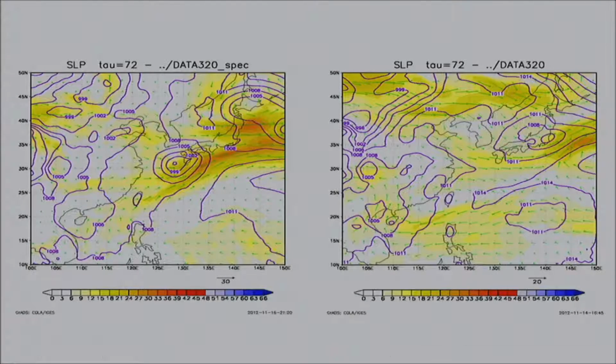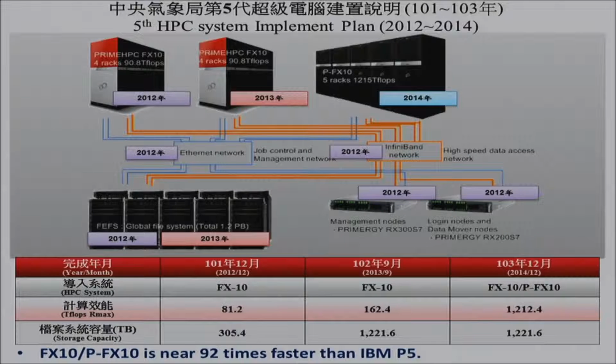So finally, I am going to show you the HPC we are using in CWB now. We have a three-year installation of this high performance computer. The first year we have 81.2 teraflops of compute capability.